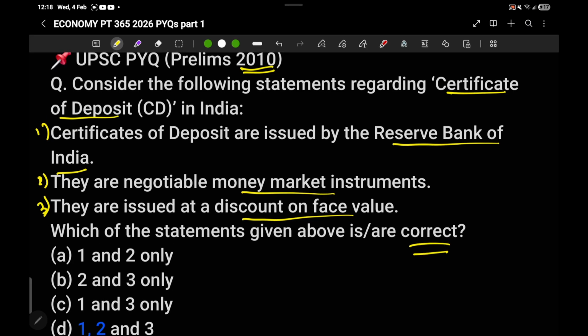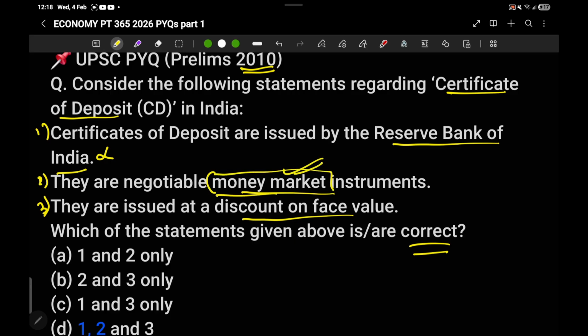Okay, so let's solve it. Certificates of deposit are issued by RBI. Do you think the statement is right? Yesterday we learned these are issued by scheduled commercial banks. RRBs cannot issue it. So it is not RBI. The first statement is wrong. They are negotiable money market instruments. Yes, the statement is correct.